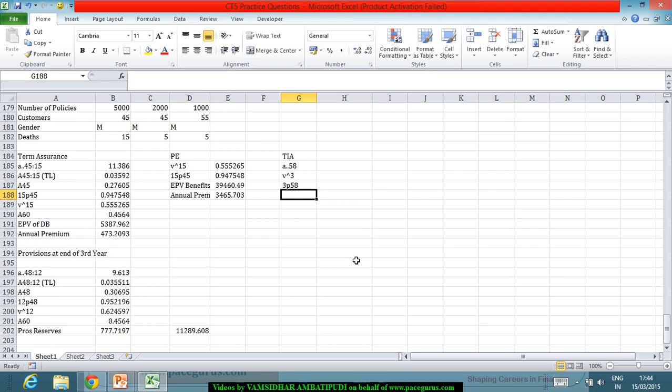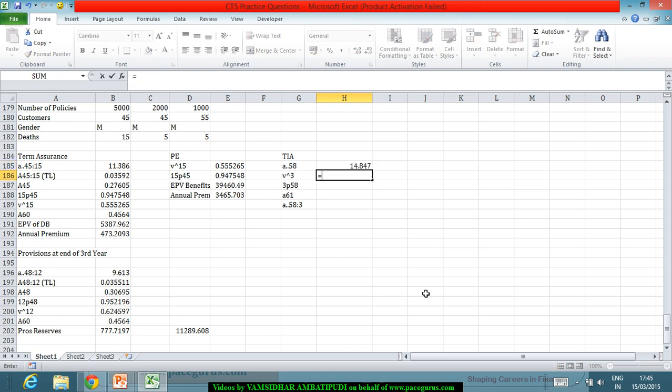Based on this, I also require A61. All these things will help me in arriving at A double dot 58 colon 3. So for this, I'll get A double dot 58, which is 14.847.